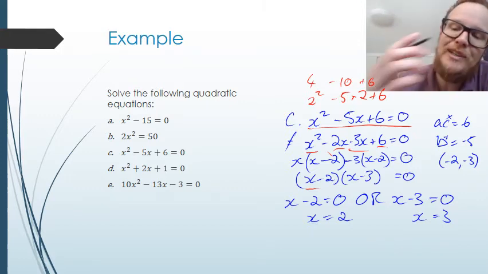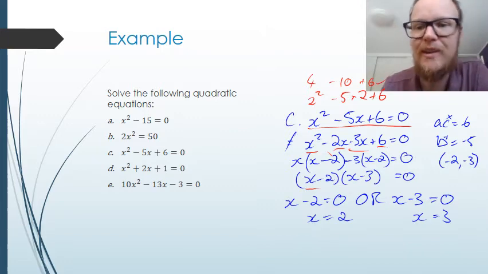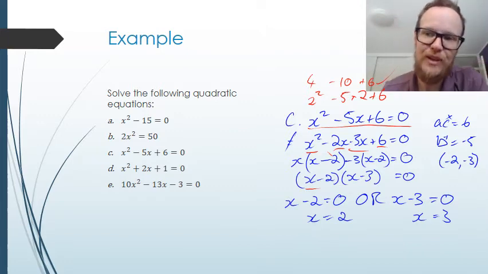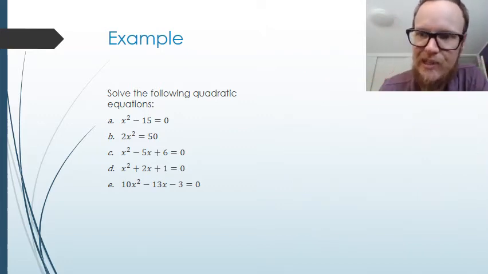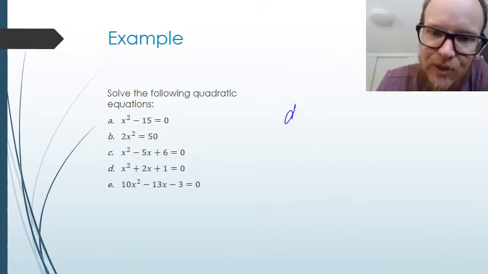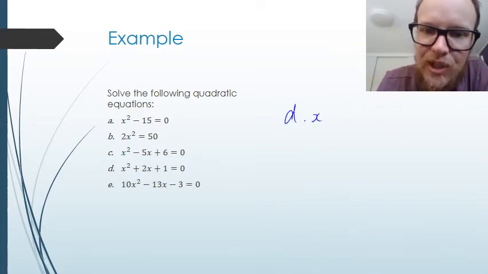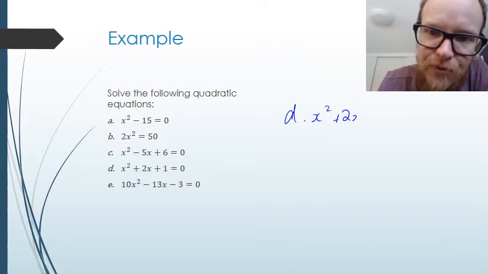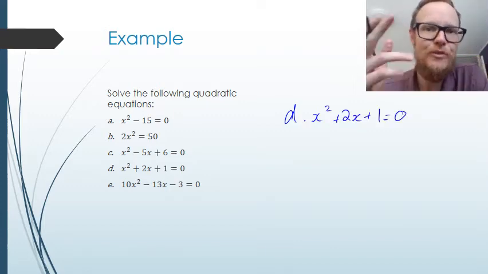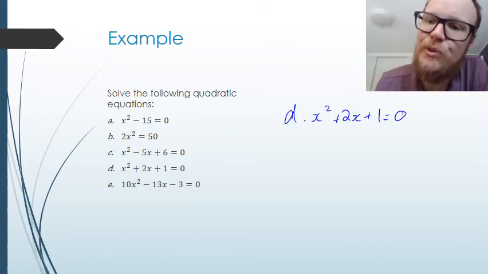Negative 6 plus 6 equals 0. So that totally works. Tick, tick. So I've done myself a little check there to make sure that everything's A-OK, and it is. Let's have a look at D now. You can do these checks all the way through with any question. If you're unsure, you just substitute the value you get back in, and you'll be able to tell whether or not it's correct, because you'll get the answer or you won't.